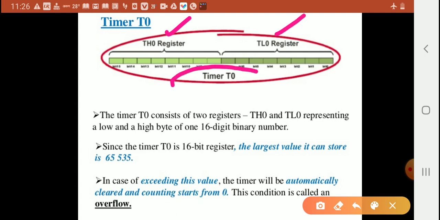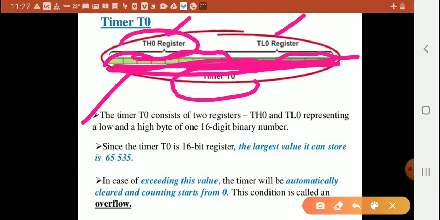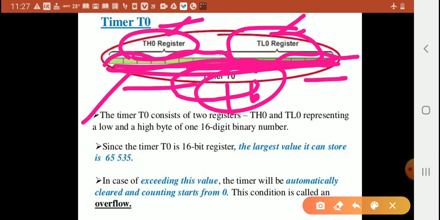The timer T0 consists of two registers, TH0 and TL0, representing the high and low byte. Together they form a 16-bit binary number.